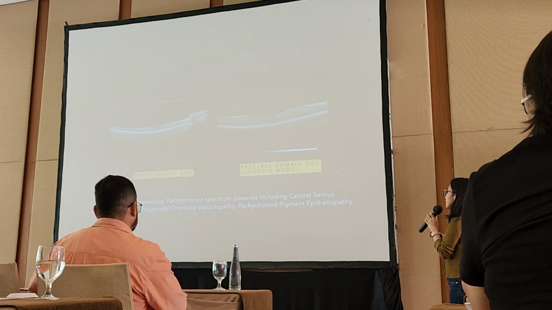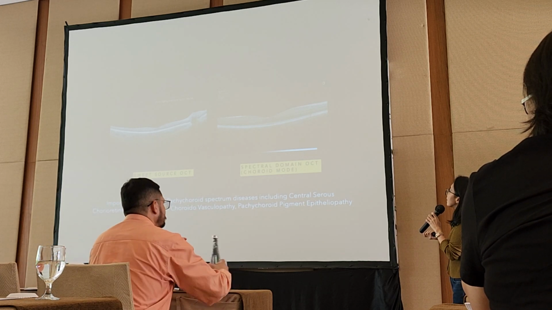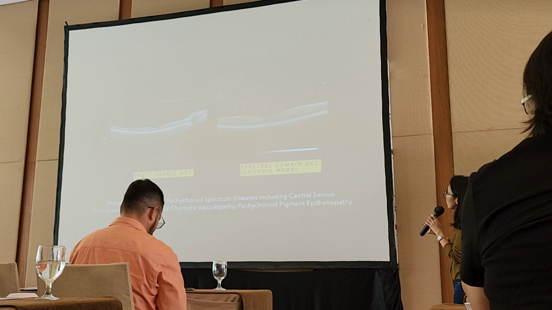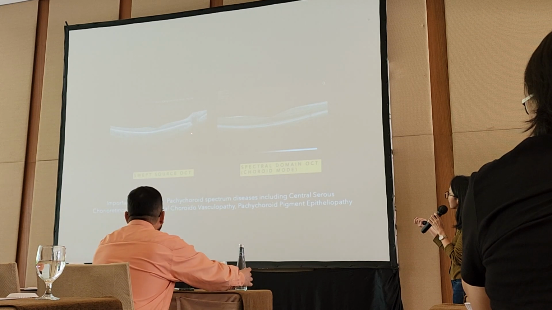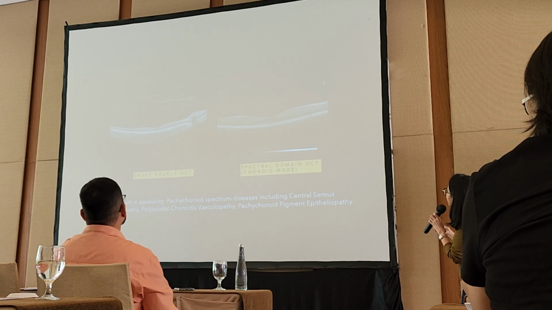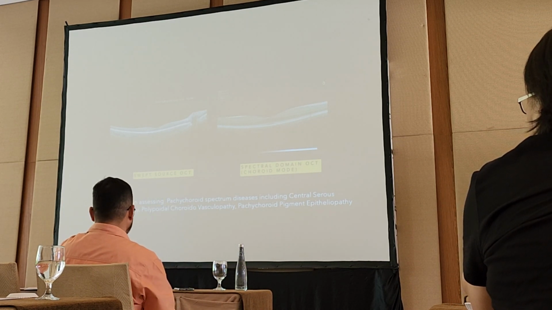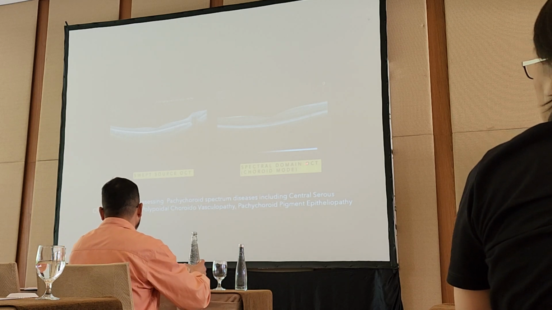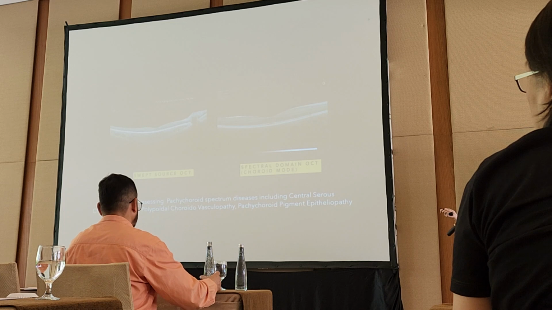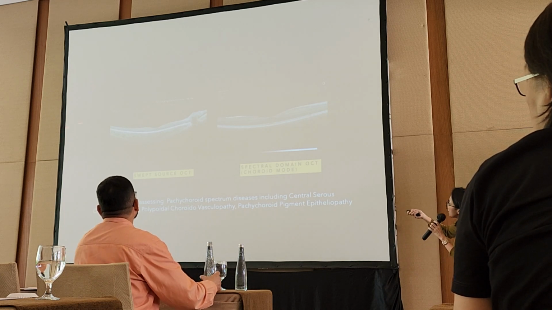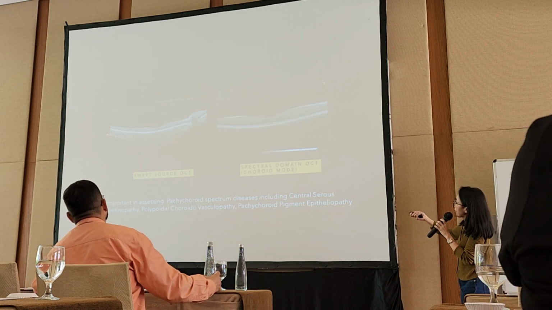We need to check the choroid. With swept source OCT, now we can see clearer the image of the choroid and even the sclera. This one is over here, it's in sclera. And if we only use the spectral domain OCT, the choroid, you can actually see it, but not as clear as the swept source OCT.